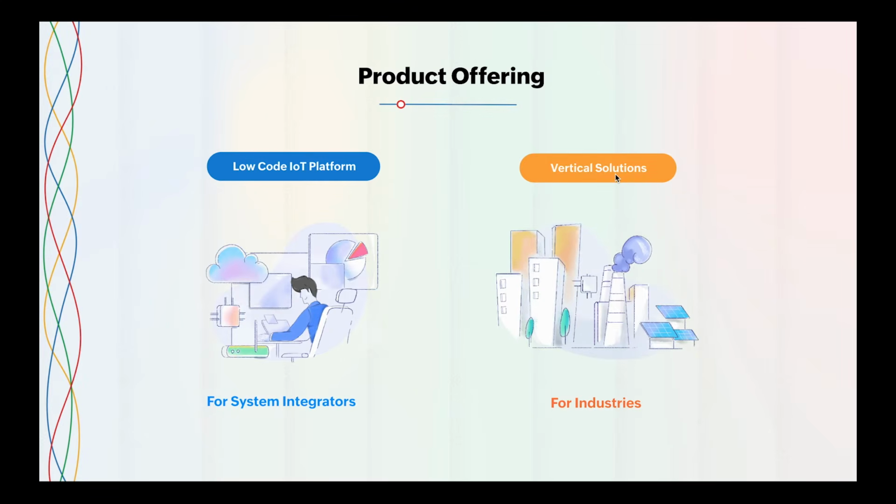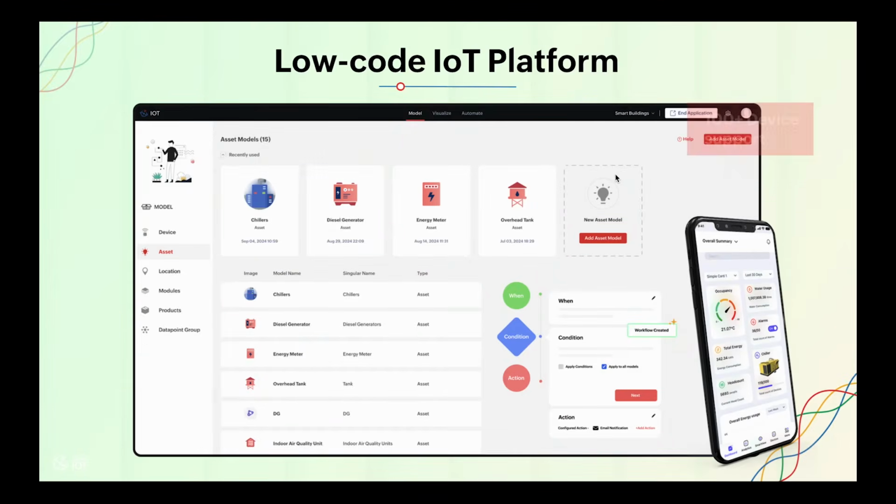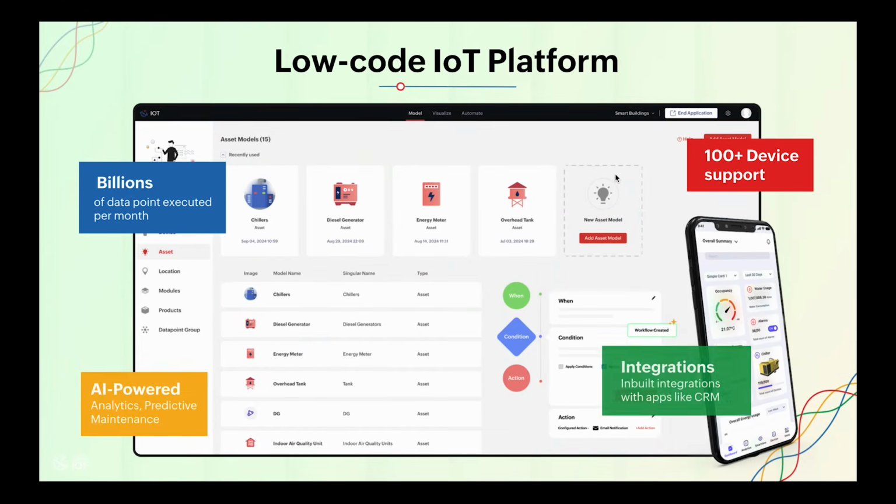So first, a quick recap. What do we offer? We offer a powerful combination of an IoT platform, a customizable platform, and vertical solutions that are targeted for enterprise businesses and industries, where this combination could accelerate IoT deployments much faster than ever. And what kind of platform is this?